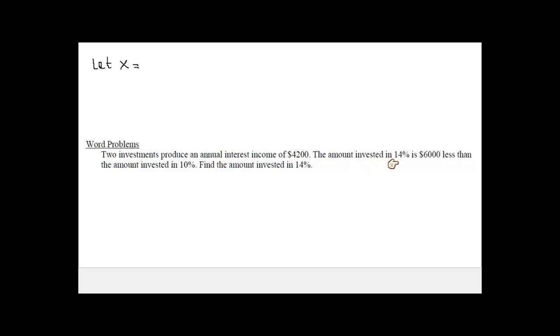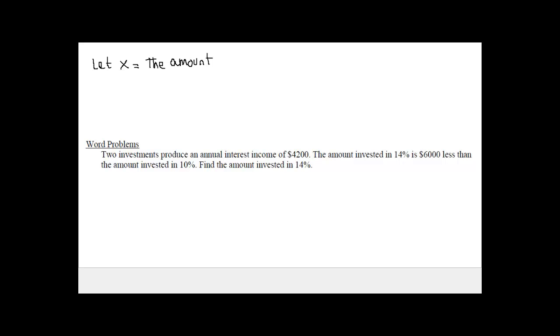The amount invested in 14%, it says, is $6,000 less than the amount invested in 10%. So anyone else want to tell me what x would be? So that'd be the amount invested into the 10%, and then x minus 6,000 would be invested in the 14%. Very good, because everything is in terms of the amount invested in the 10% account.